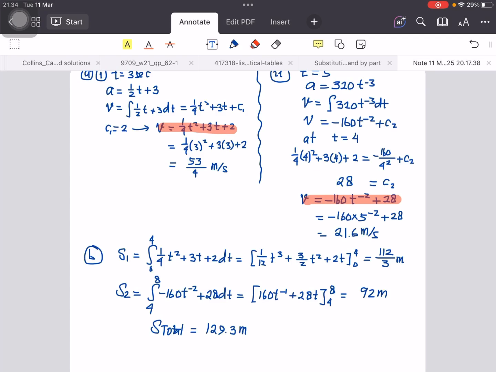It means that if you are asked to find the total displacement, the answer will be the same as the total distance traveled, which is 129.3 meters. So the total displacement and the total distance traveled, the values are the same in this case, because the object never changes direction.